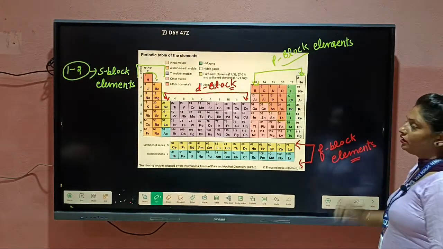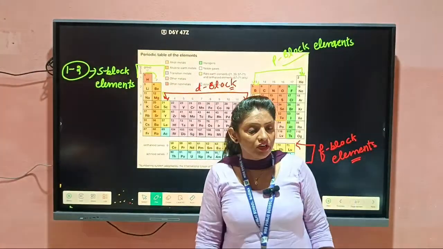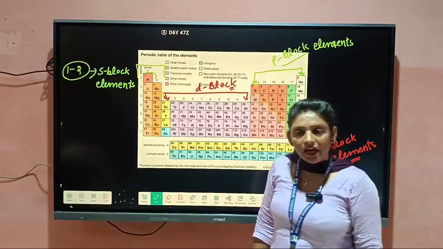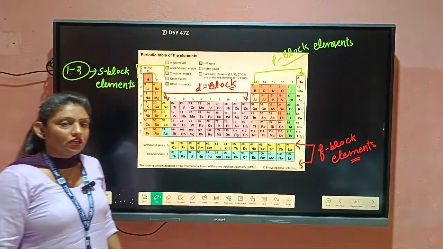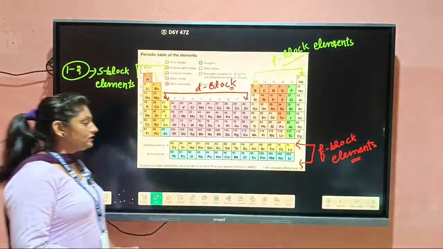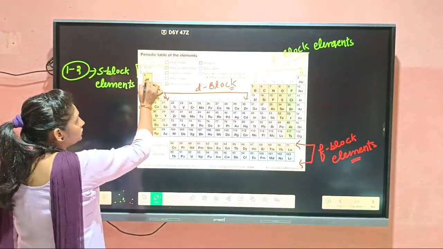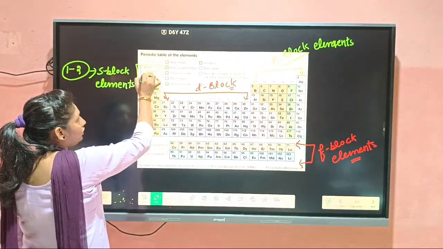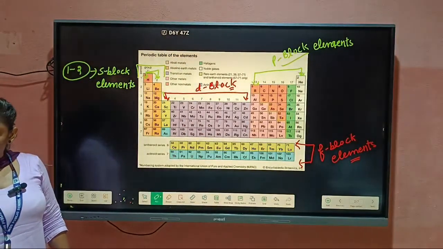Why are they known as S block, P block, D block? How can we distinguish them? With the help of their configuration, we can tell the block of the element. Group number 1 and 2 are known as the S block elements because the outermost electron is present in the S orbital.